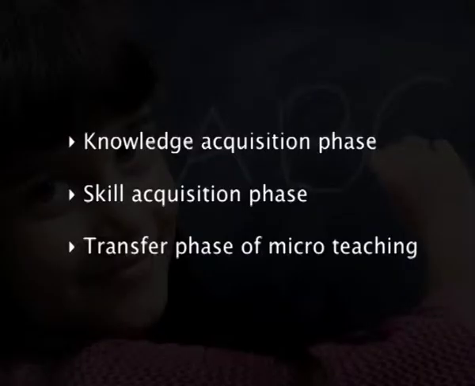The concept of micro-teaching, its significance, requirements for adopting the technique and procedures of micro-teaching are discussed. In this orientation phase, the trainee teachers undergo training in three different phases. The phases are the knowledge acquisition phase, skill acquisition phase and transfer phase of micro-teaching.